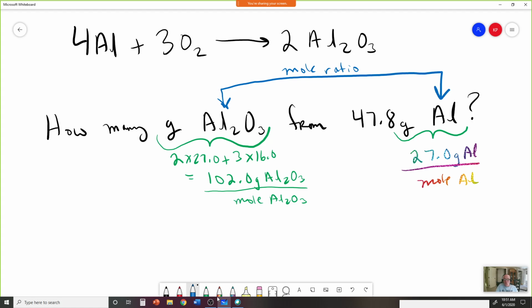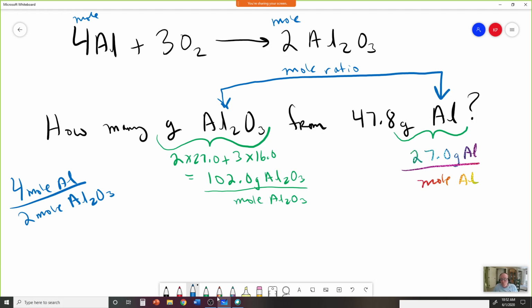Remember, this is 2 mole aluminum oxide and this is 4 mole aluminum. That's moles to moles, so I would say 4 mole aluminum for every 2 mole aluminum oxide.